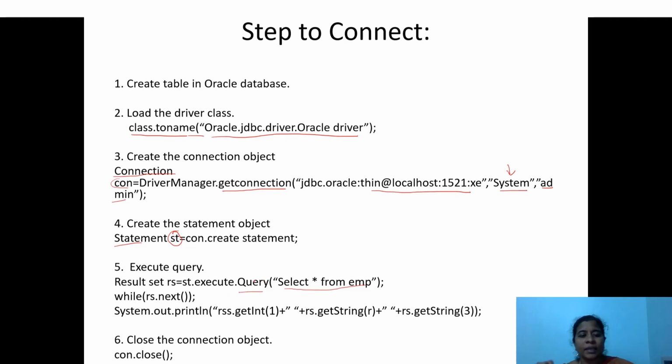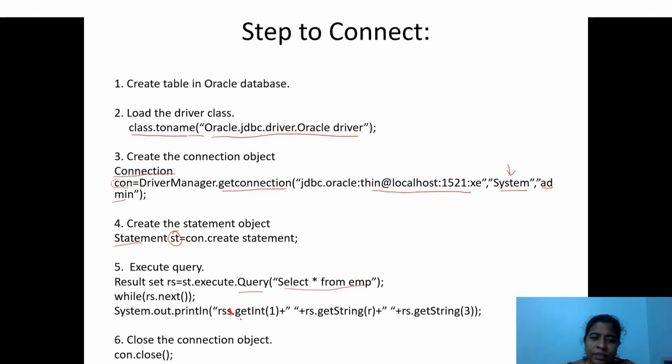Then while rs.next(): your result is available in the result set, whatever you are extracting from the employee table. If you want to print it one by one, we use rs.getInt(1), which means the first attribute will be printed, and then the next attribute.